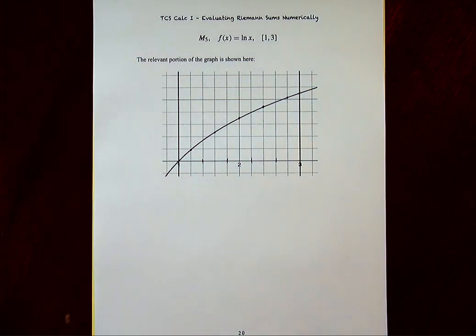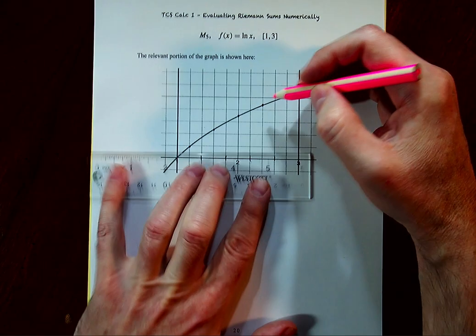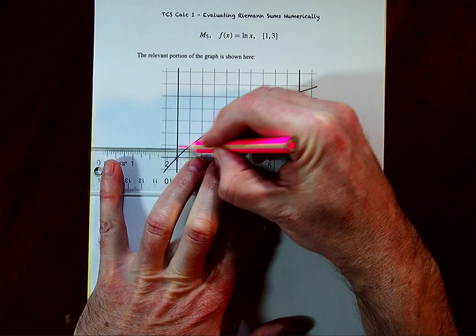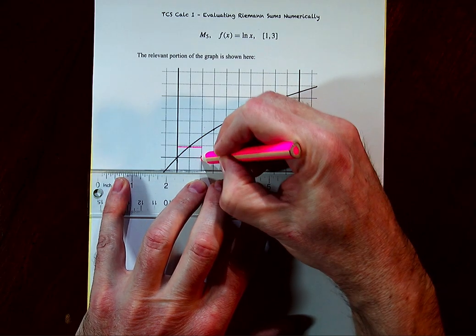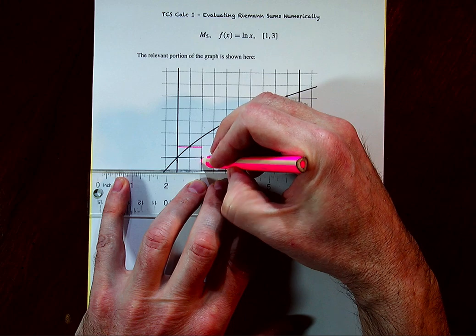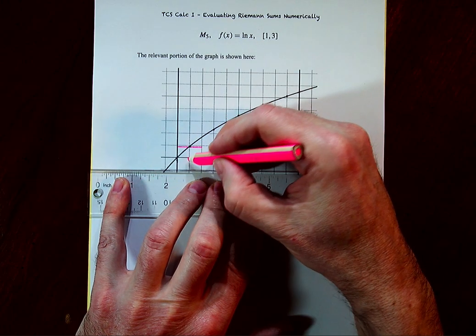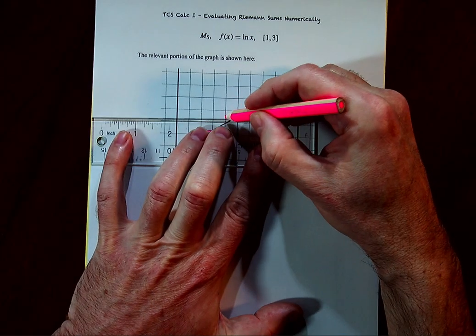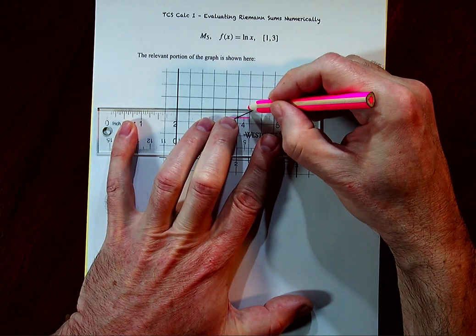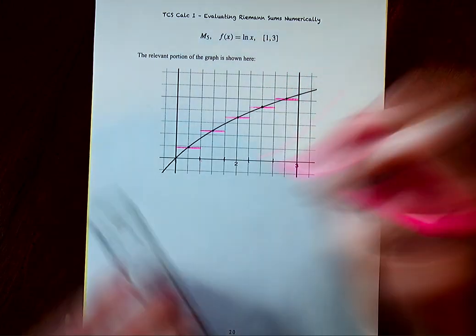I don't really have to eyeball it quite as much, which is nice, right? And so this is going to be, the height is determined from 1 to 7/5 by the function value at 6/5, and same for the second and the third and the fourth and the fifth subinterval, right?